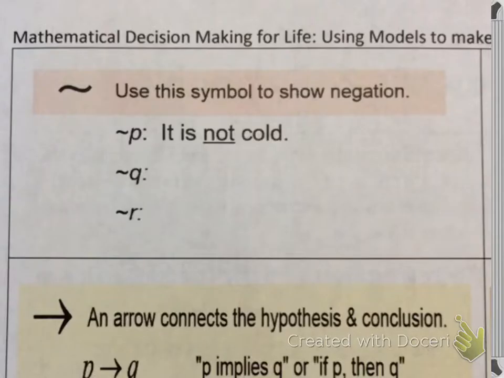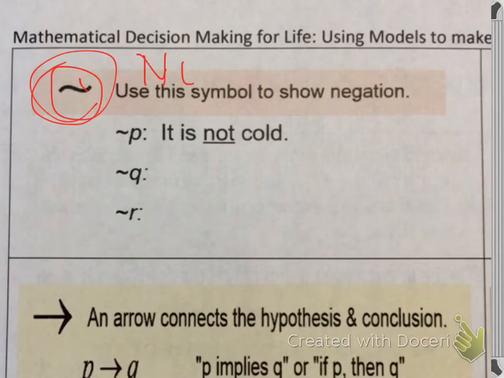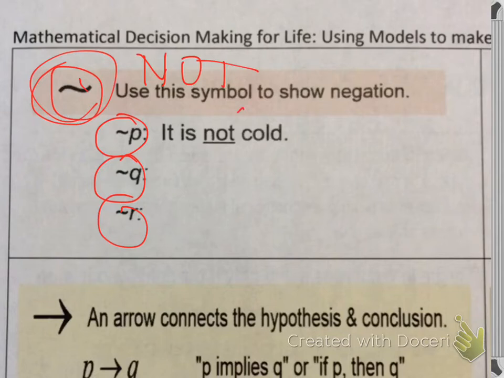Okay, this next symbol is called the negation. I like to think about it as the opposite. We say not when we are using that word. So this is not P, this is not Q, this is not R. If we're doing not P, the statement for P says it is cold, so we say it is not cold. The statement for Q is it is snowing, so we say it is not snowing.